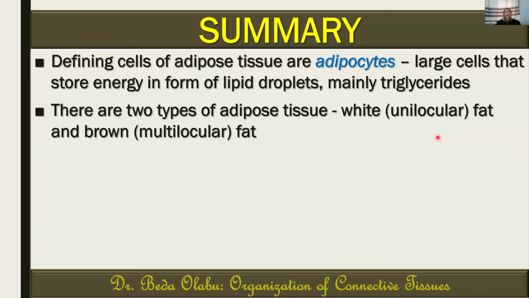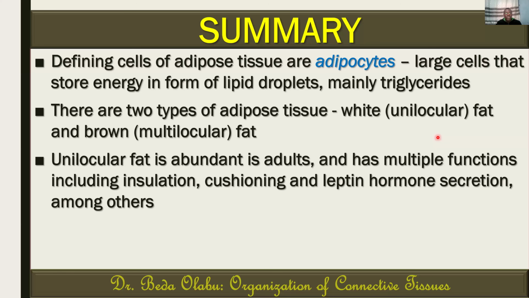We have two types of adipose tissue, the white, also known as unilocular adipose tissue, and the brown, also known as multilocular adipose tissue. Unilocular adipose tissue is the one that is abundant in adults and has multiple functions, including the insulation function we talked about, the cushioning function we talked about, and production of hormones like leptin, among others.